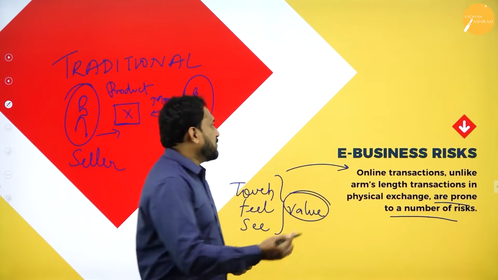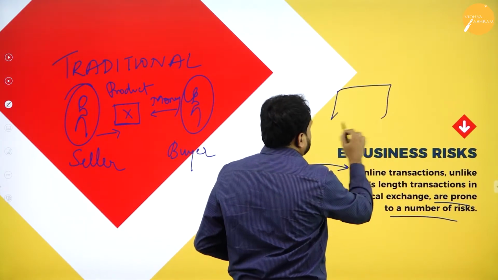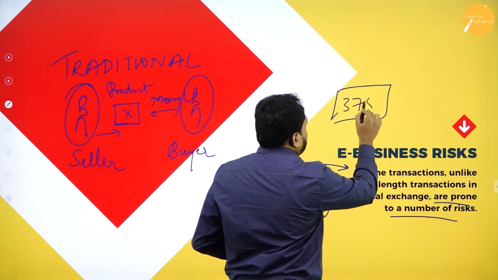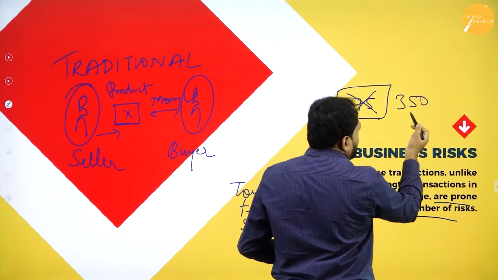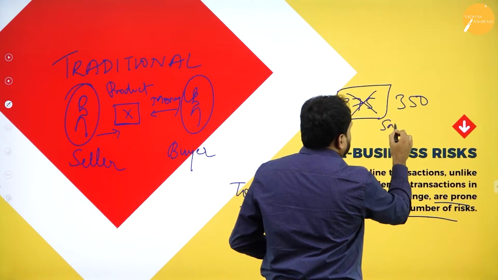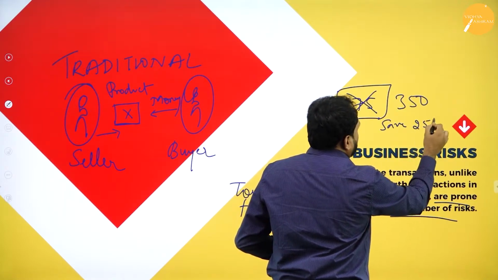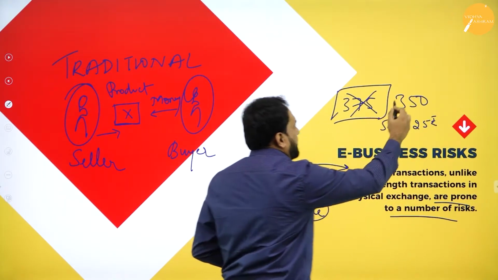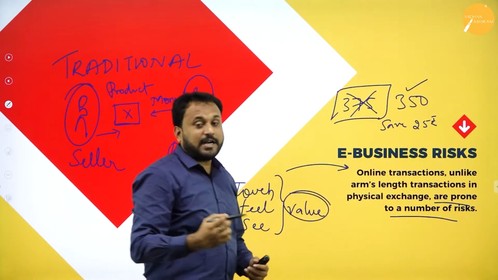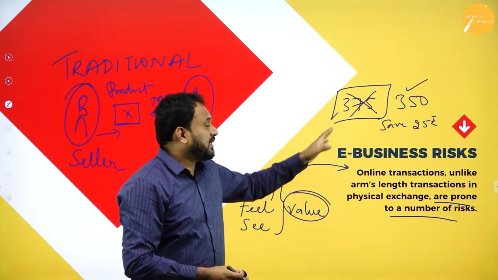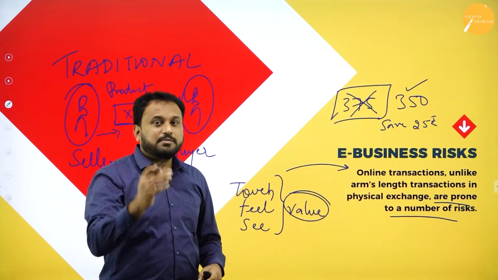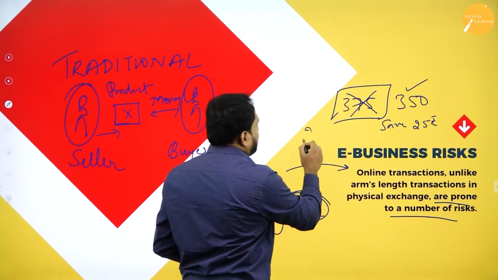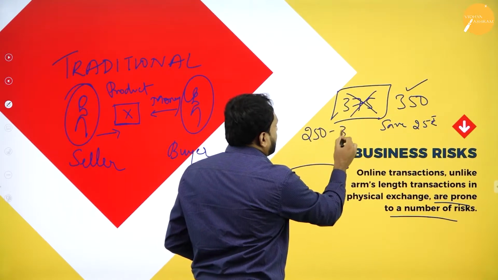Now they would have given 375 rupees, and now it is 350. You save 25 rupees, so you will buy it. But in reality, if the same thing was in the traditional one at 375, you would probably have bargained it down to 250 or 300.